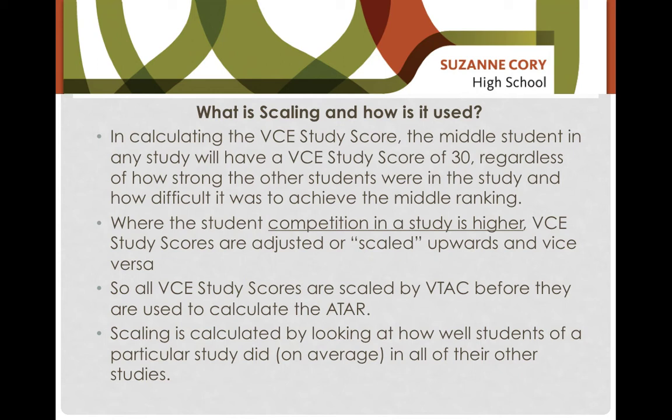It is not looking at how difficult a study is. They don't look at the exam and go, how hard are these questions? They basically look at how well the students who did that subject did in all their other studies. And if they did really well in their other studies, then they go, that was a very competitive subject, we'll need to scale it up. If they didn't do as well in their other subjects, then it'll get scaled down.